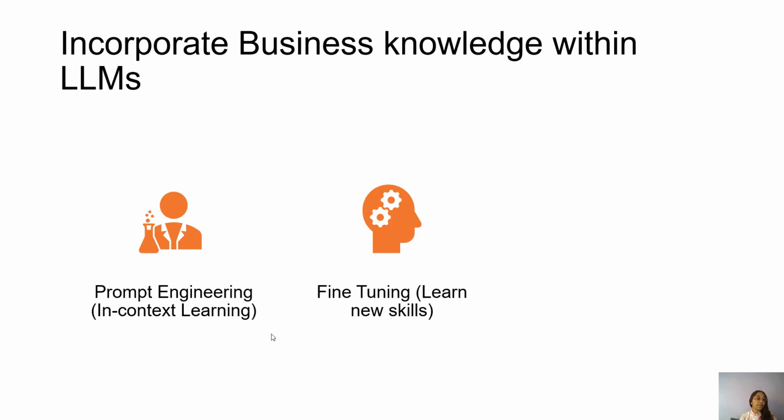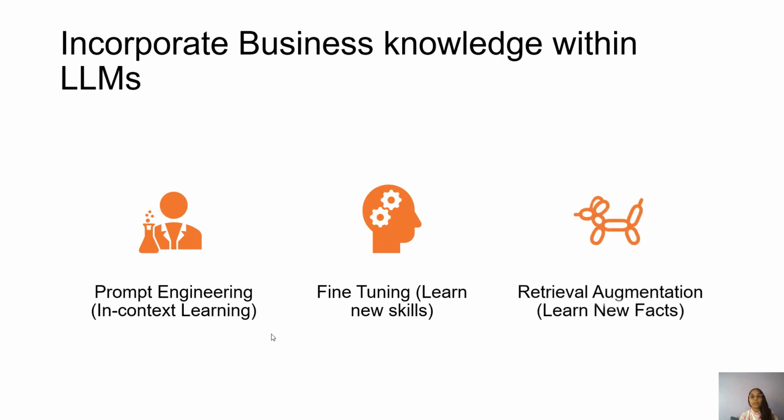To do the fine tuning of the large language models. Another option is the retrieval augmentation, which is called learning new facts. There is a difference between learning new skills and learning new facts.